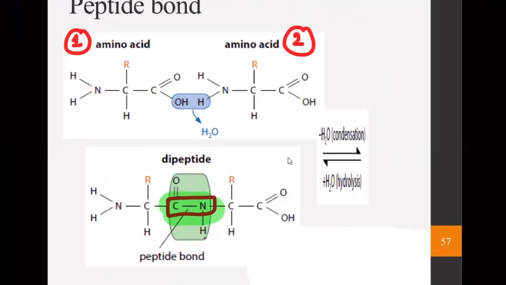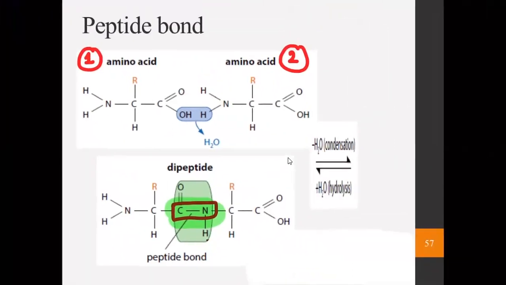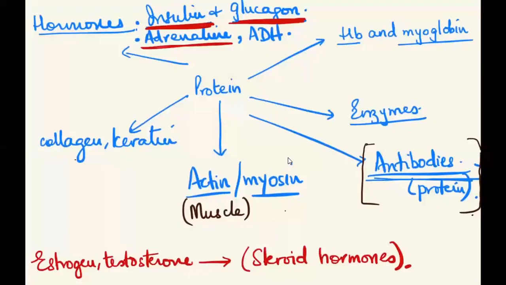Okay? So in reality, when we say it's a protein, we had also discussed various functions of proteins inside the body. So we said that myosin is a protein, hemoglobin is a protein, and hormones are protein. We did this.